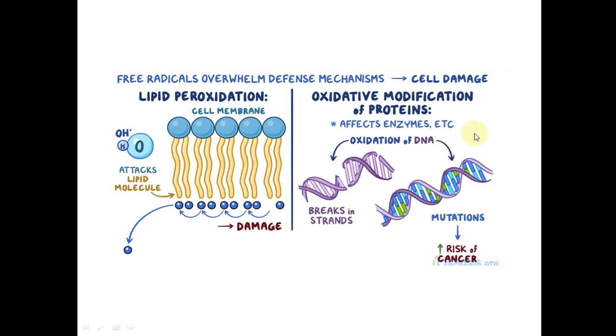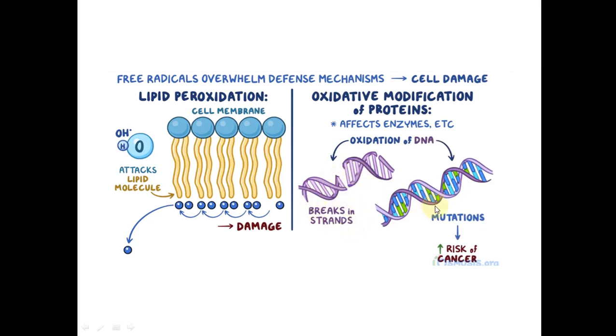Additionally, the free radicals can attack various structural and functional proteins, including enzymes, and ultimately they will cause oxidation of the nuclear chromatin and DNA. This free radical induced damage will result in the formation of breaks in the DNA strands.